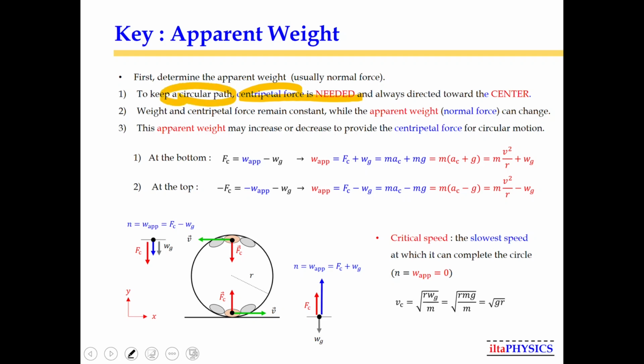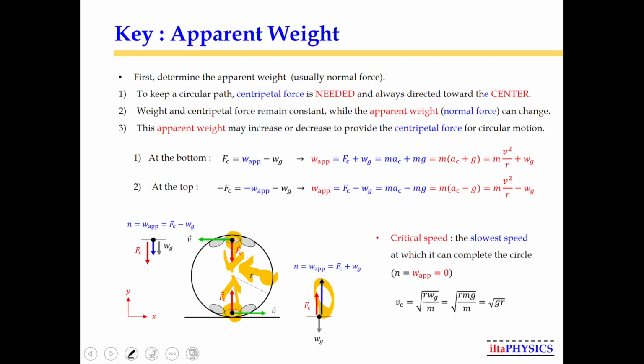However, if you draw a free body diagram of an object in circular motion, there are three forces involved. The actual weight acting vertically downward, the centripetal force pointing toward the center, and the normal force, the apparent weight, from the seat. Let's think about the direction of this normal force. No matter where you are in the circular path, the normal force from the seat will also point toward the center of the circle.